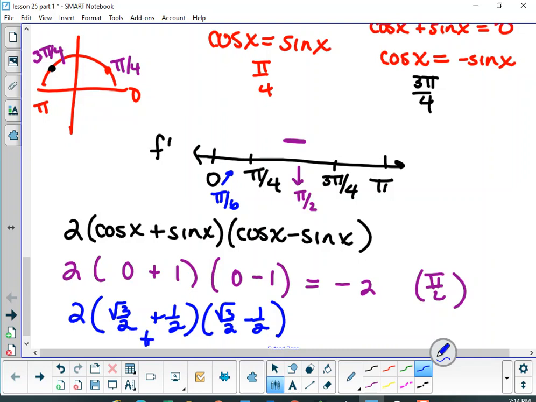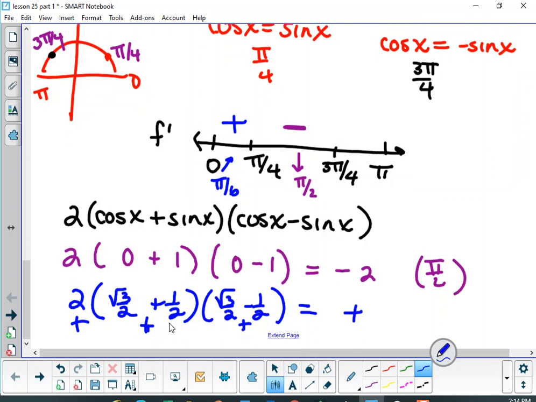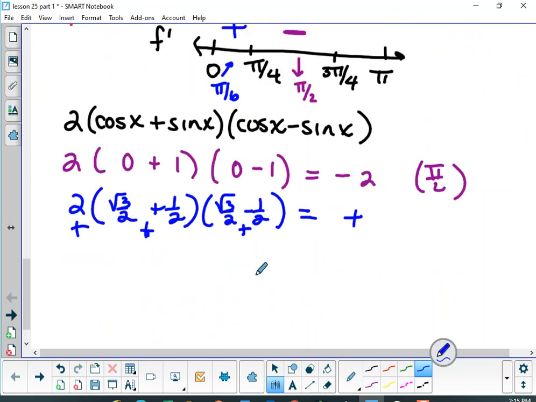That's positive, that's positive, that's still positive. This is all going to be positive. Oops, wrong side. I don't really care what number it is, I just care whether it's positive or negative.